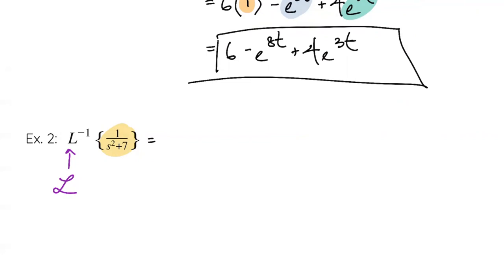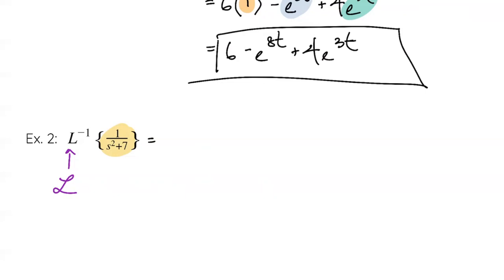So in line number 7, we have a over the quantity s squared plus a squared. So a over s squared plus a squared.